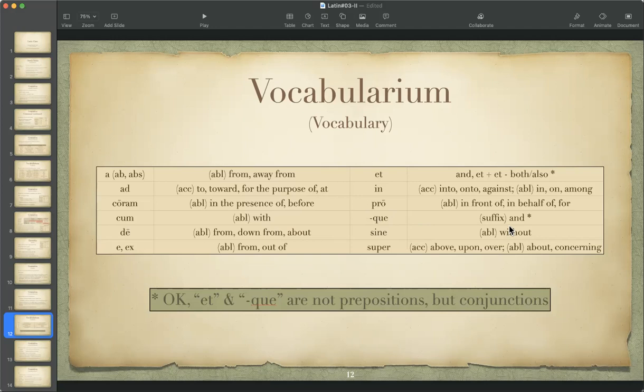And the one that Alex reminded me of that you may be familiar with is in the Creed. The double procession of the Holy Spirit, qui ex patre filioque procedit, who from the Father, filioque, and the Son proceeds. And then sine is ablative, meaning without.